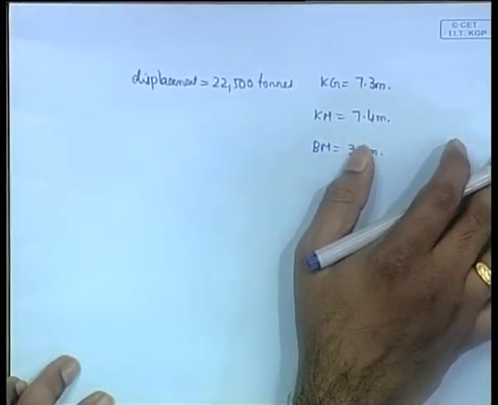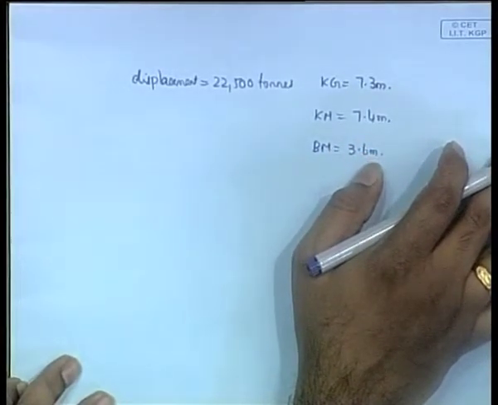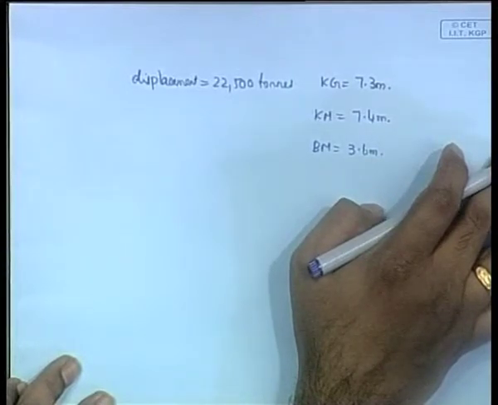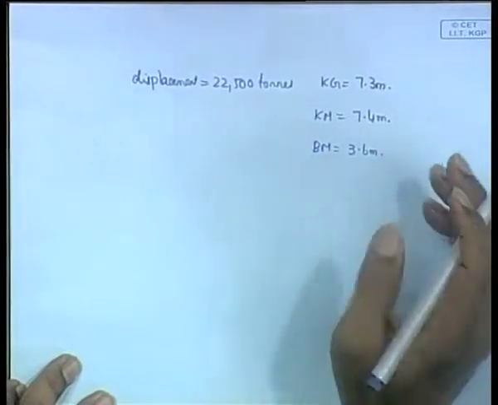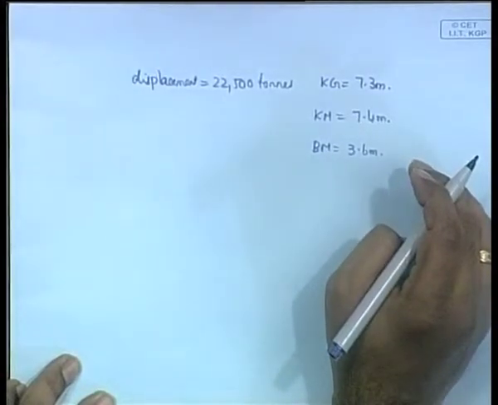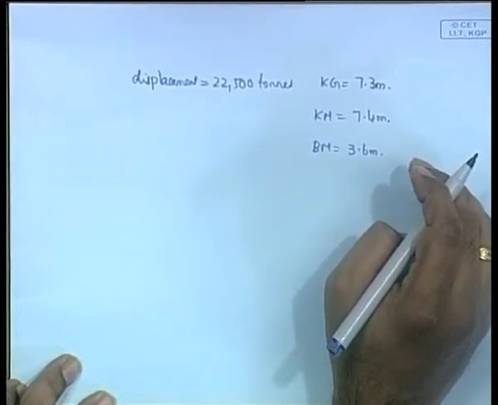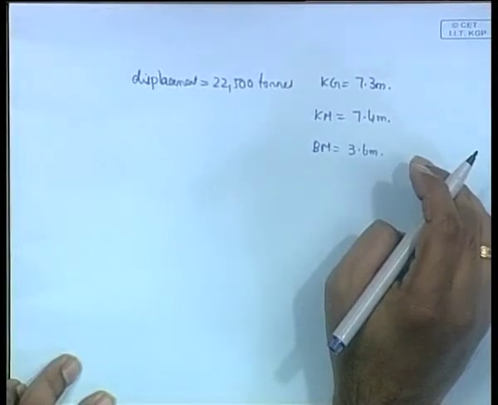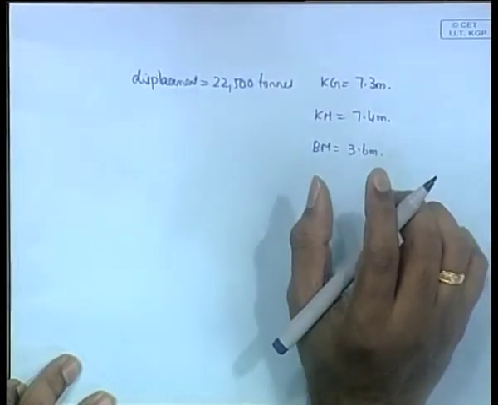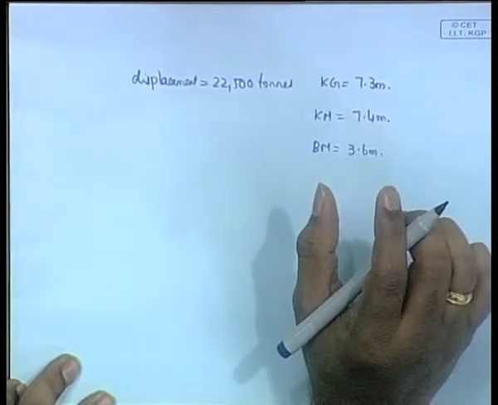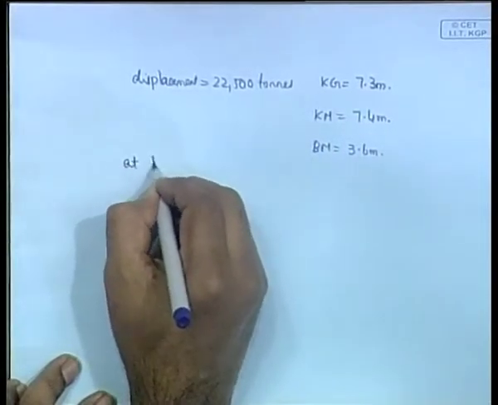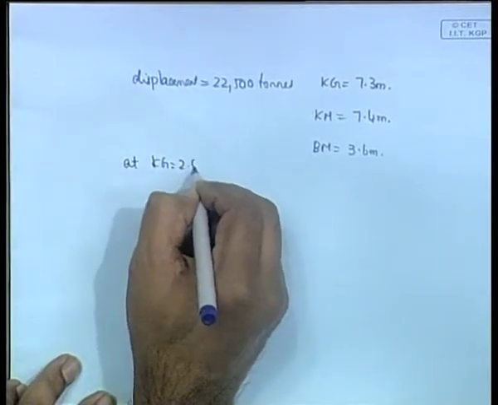Okay. Now, there is a crane which lifts 150 tons of weight from the ship, initially at the center line at a KG of 2.5 meter.